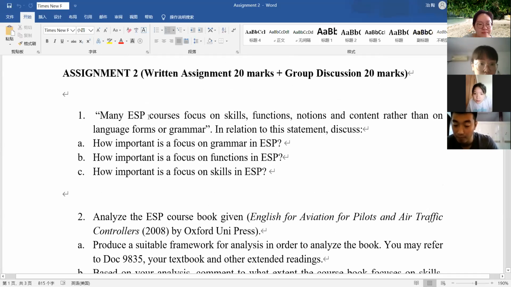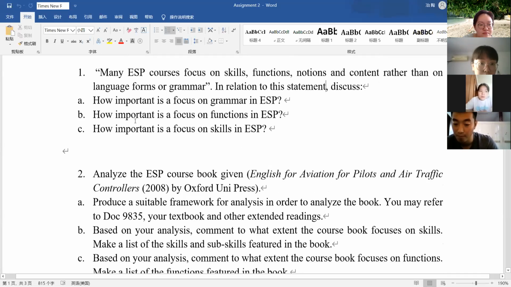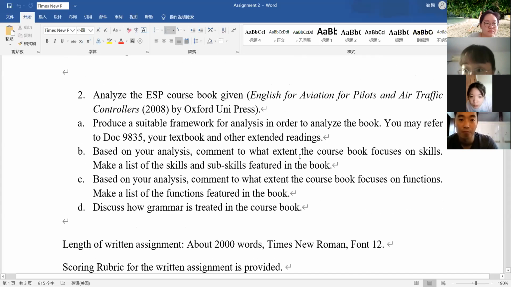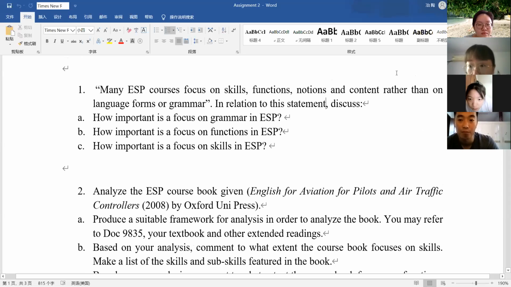Okay. Part 1 is: many ESP courses focus on skills, functions, notions, and content rather than on language forms or grammar.